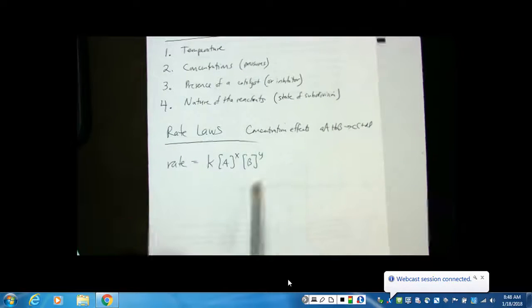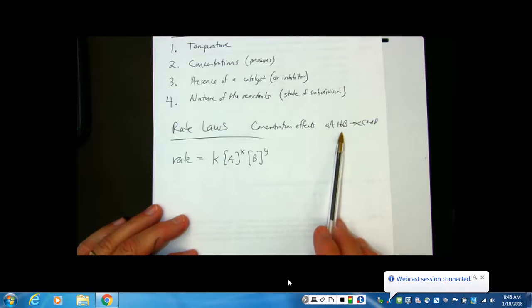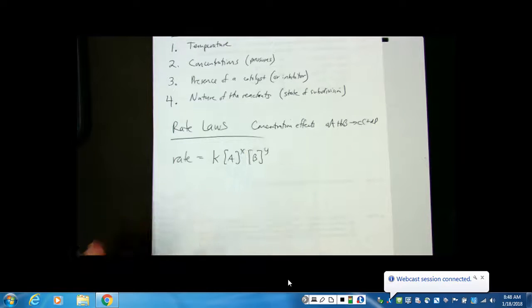then the rate law will be dependent upon the product of the reactants raised to some coefficients x and y.